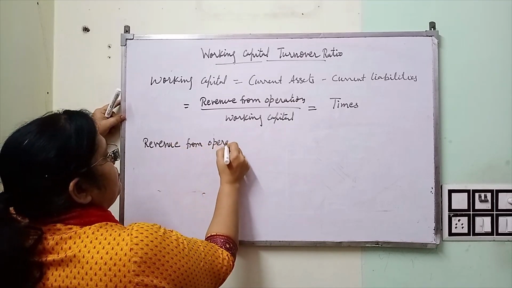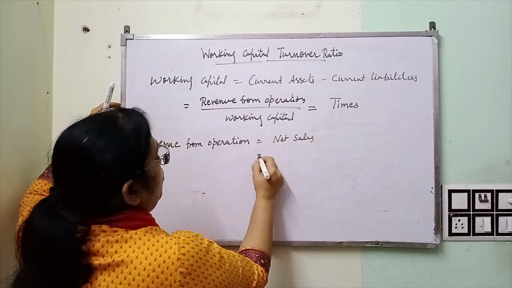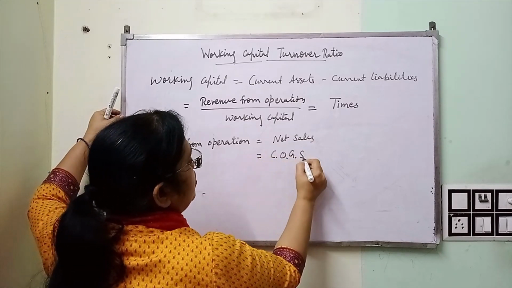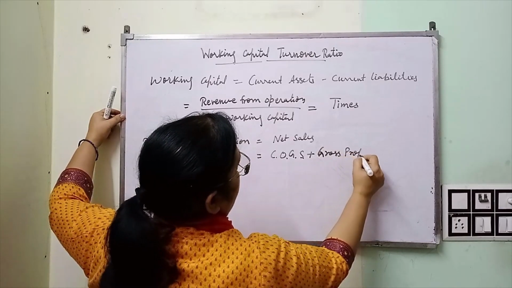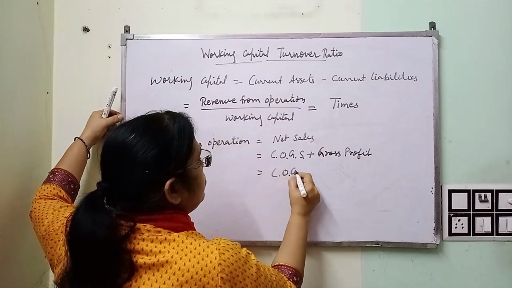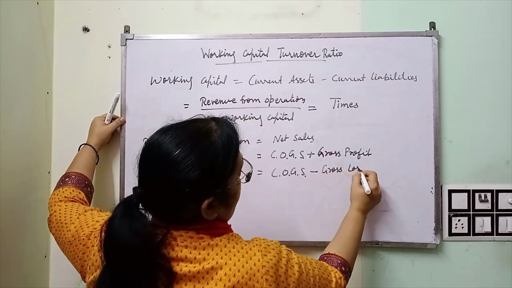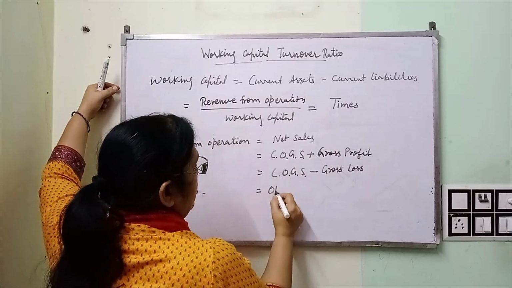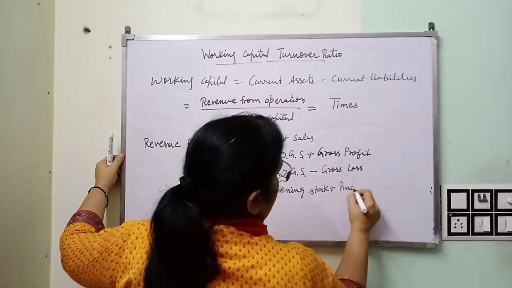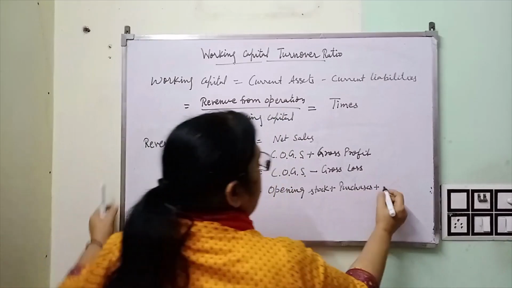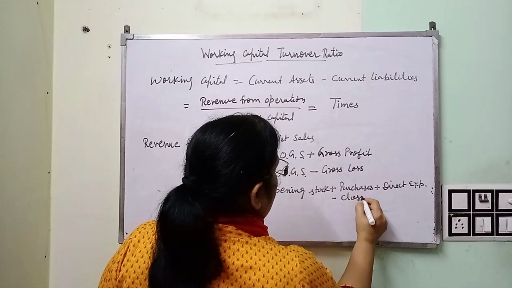Revenue from operation is equal to net sales, or we can say cost of goods sold plus gross profit, or we can say cost of goods sold minus gross loss, or we can also say opening stock plus purchases plus direct expenses minus closing stock.